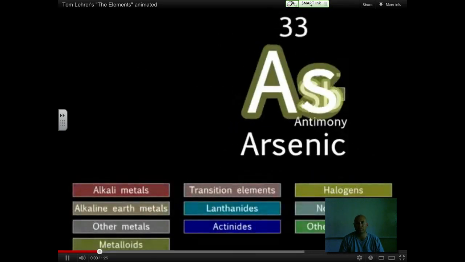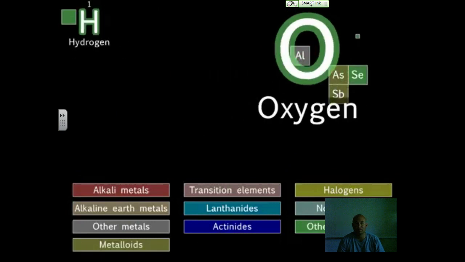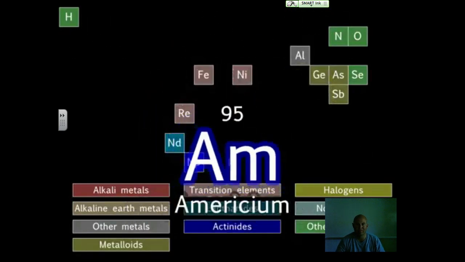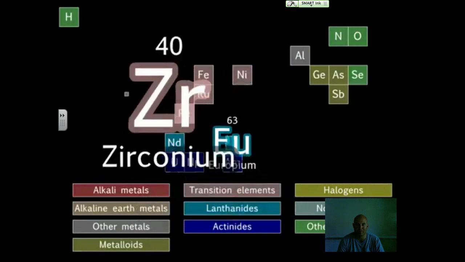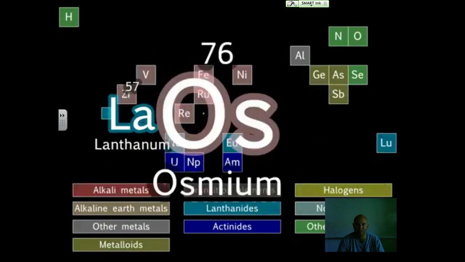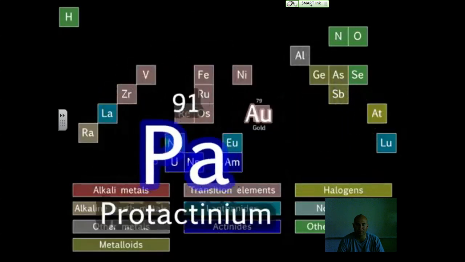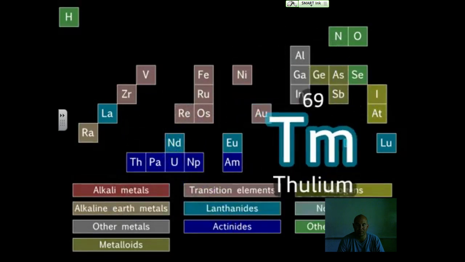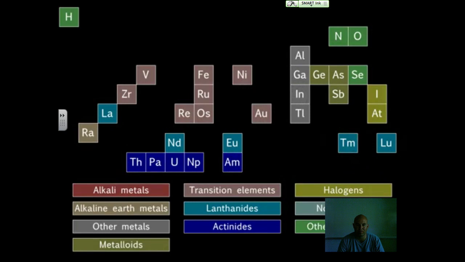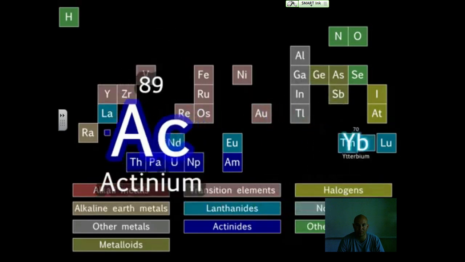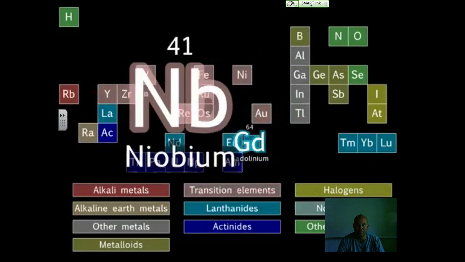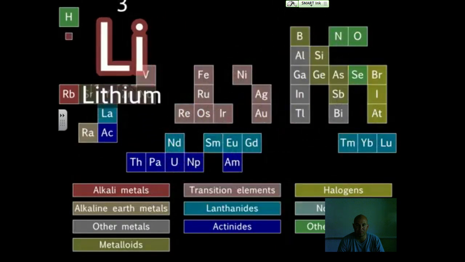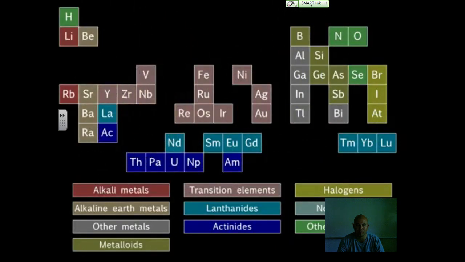There's antimony, arsenic, aluminum, selenium, and hydrogen, and oxygen, and nitrogen, and rhenium, and nickel, neodymium, neptunium, germanium, and iron, and lithium, ruthenium, uranium, europium, zirconium, lutetium, vanadium, and lanthanum, and osmium, and astatine, and radium, and gold, protactinium, and indium, and gallium, and iodine, and thorium, and thulium, and thallium. There's yttrium, terbium, actinium, rubidium, and boron, gadolinium, niobium, iridium, and strontium, and silicon, and silver, and samarium, lithium, beryllium, and barium.